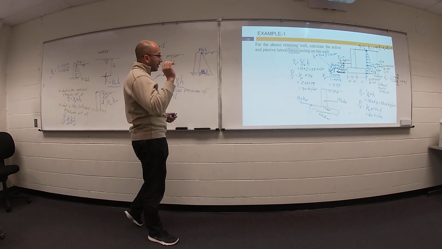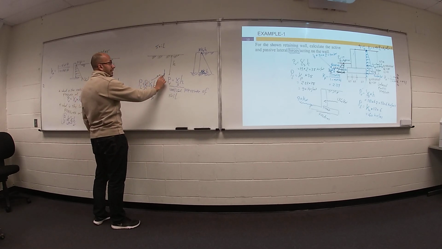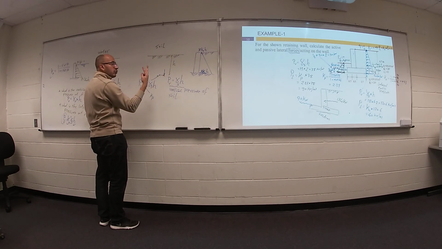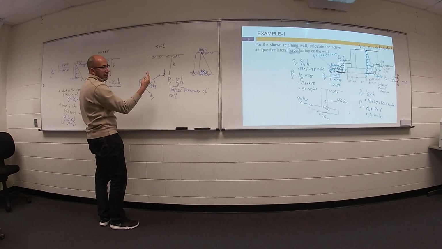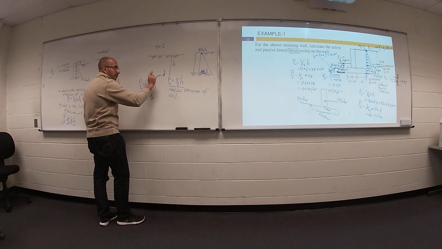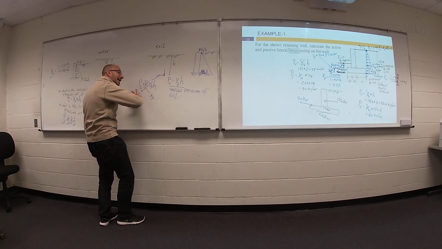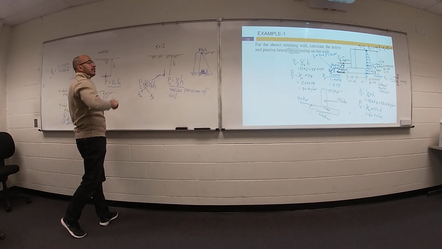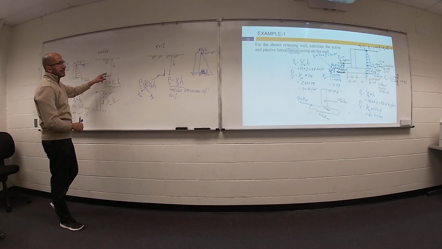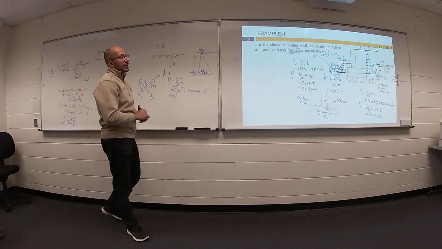It's very important to understand this point: at any point inside your soil, we have two different values of pressure. If you are talking about vertical pressure, gamma H. If you are talking about lateral pressure, your vertical pressure times K, and your K may be K active or K passive. But if you are talking about water, both of them will be the same because pressure of water is equal in all directions.